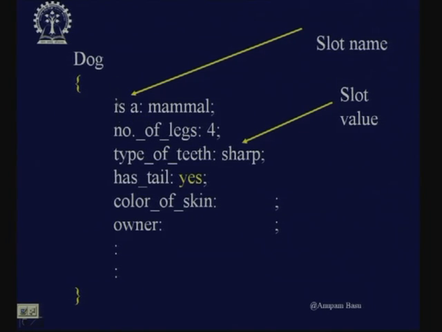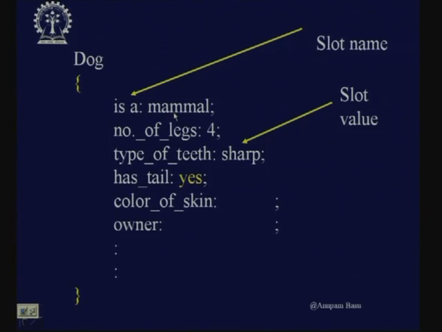You may also note that the different values that these slots can have are not all of the same type. For example, dog is a mammal. So, this is a string, that is a class name. Number of legs, it is an integer. Type of teeth is again a string. Has tail is a boolean, yes or no. Color of skin will again be a string, owner will be a string, and owner of the dog can be a string.